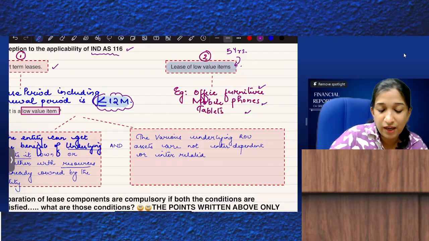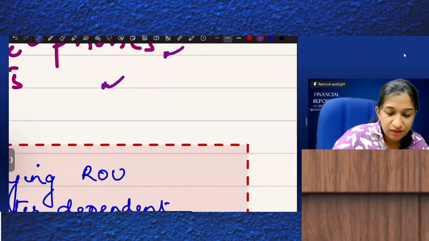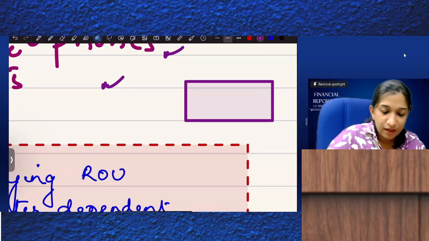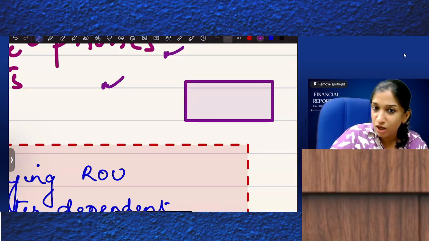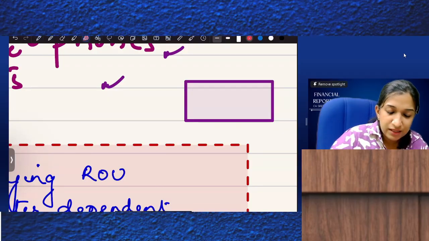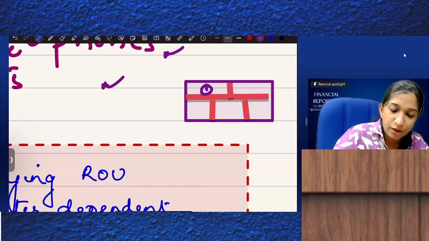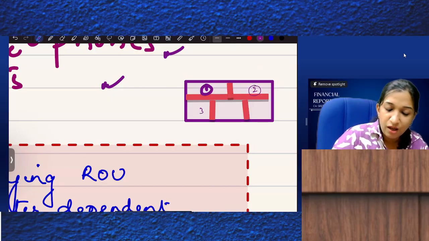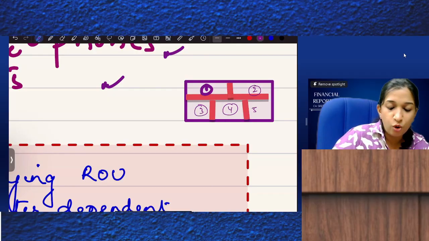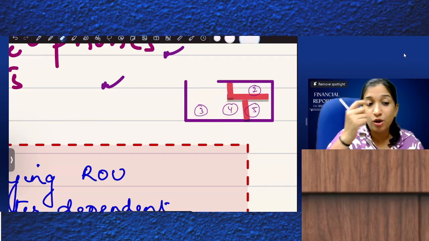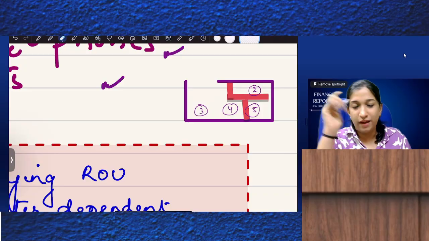Here they are very clear. If I have a machinery that is not a low value item, but if it is broken down into different parts, each part can be low value. Part number 1 is low value, part number 2 is low value, and so on. So can I consider all these broken down parts as low value items?